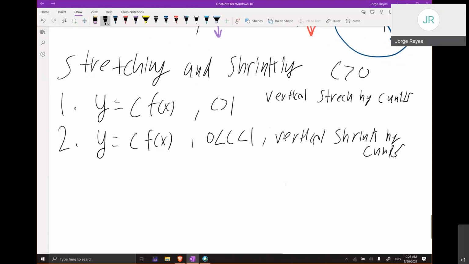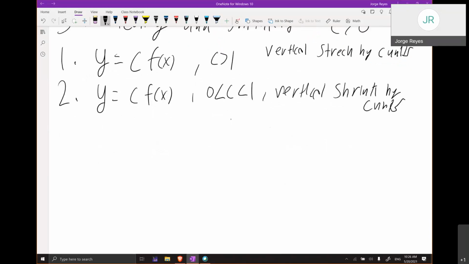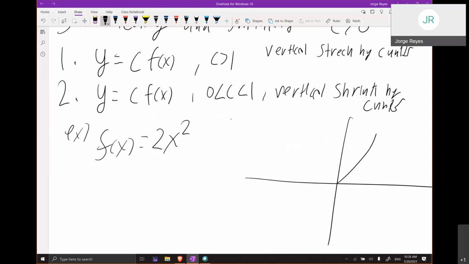So what does this look like? Here's an example. f of x equals 2x squared. Here's the original. Now I'm going to multiply by 3.